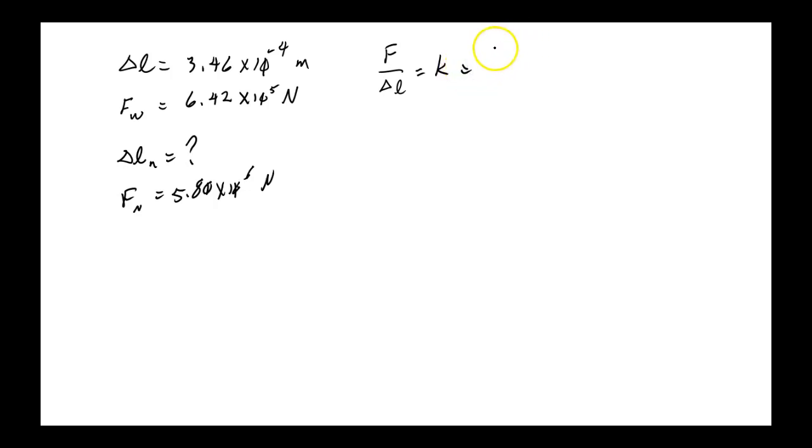So that's 6.42 times 10 to the 5th newtons divided by the change of length, 3.46 times 10 to the minus 4 meters. Okay? This, folks, is going to be a big number. Because your numerator is already big, you're dividing by an incredibly small number, that makes the result huge.